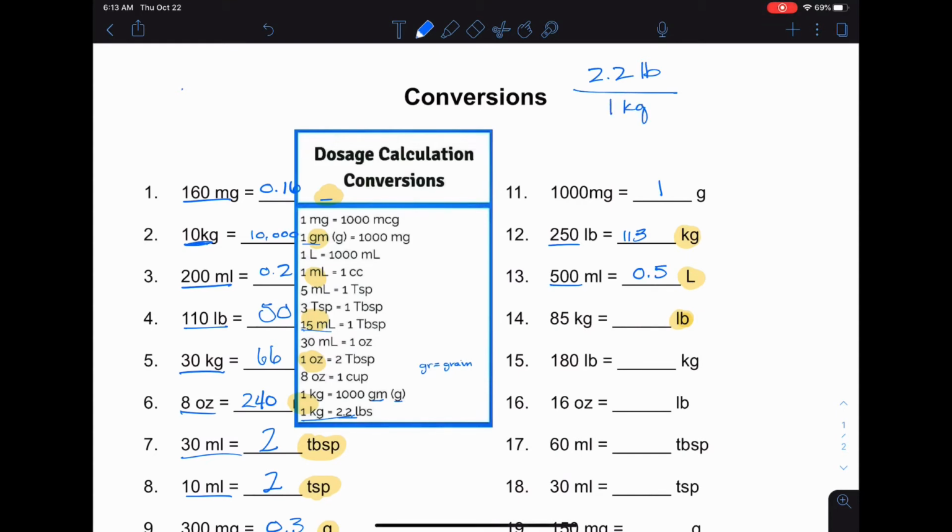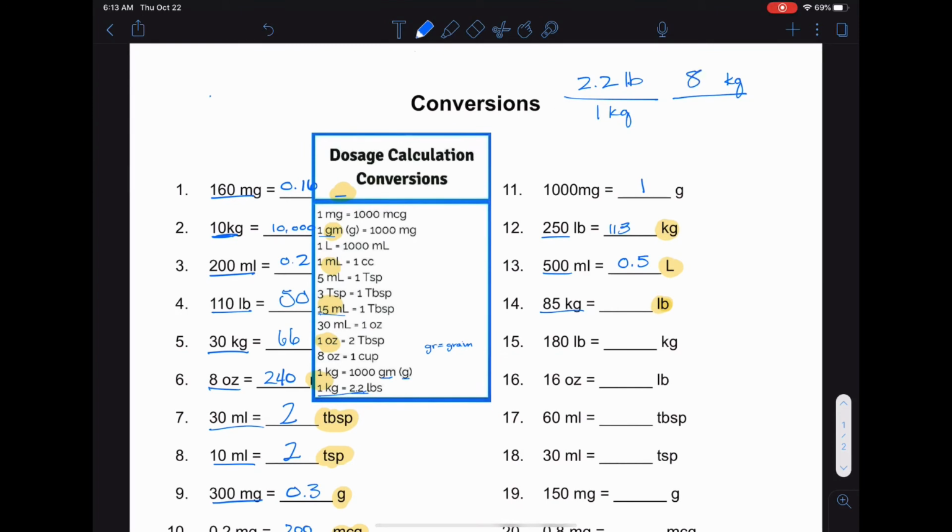And then we need to get kilograms out of there. So I'm going to put it on the top so that they'll cancel out. The number we're trying to convert is in kilograms. So that means we can plug that in here. Those cancel, and all we're left with is pounds.